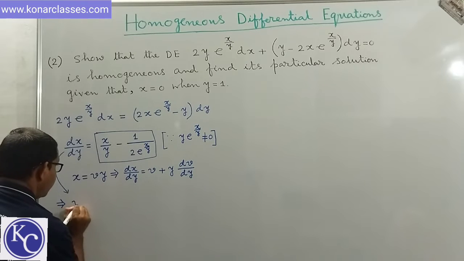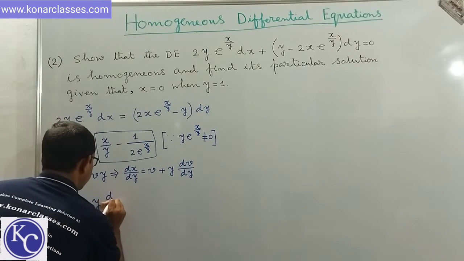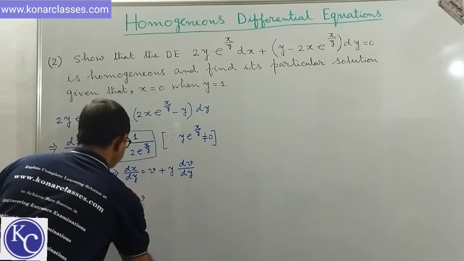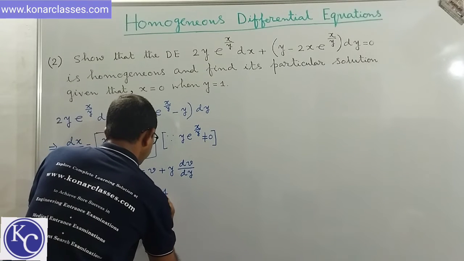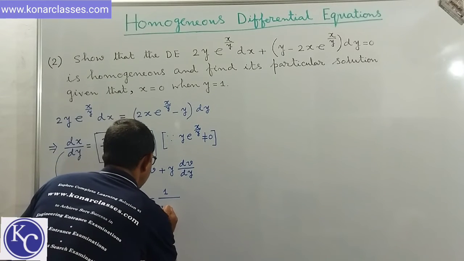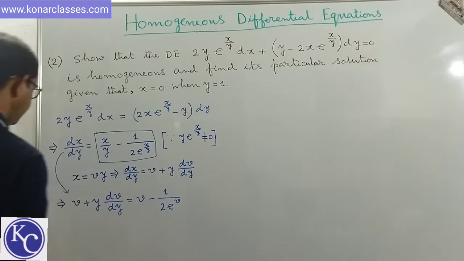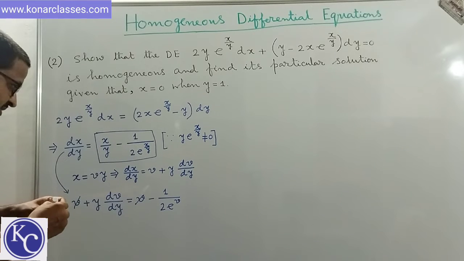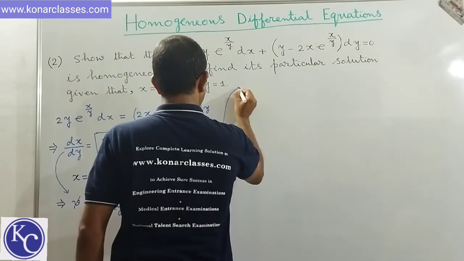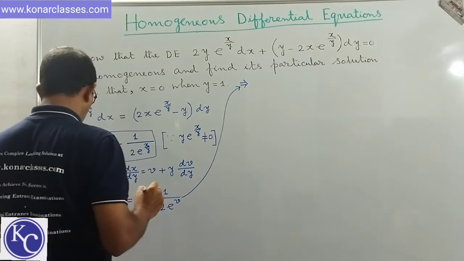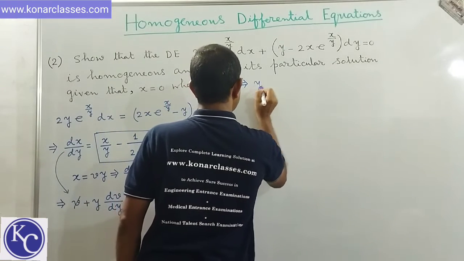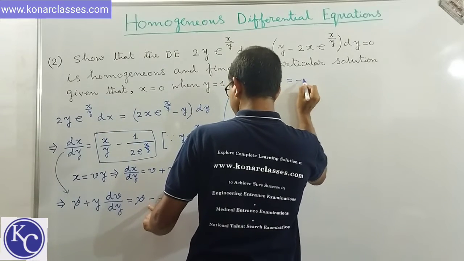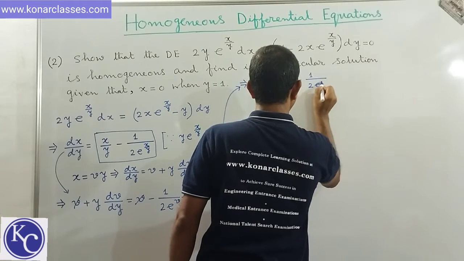Then we get v plus y into dv/dy is equal to x by y, that is v, minus 1 by 2 into e^(x/y), that means 2 into e^v. And we see that v and v got cancelled, so we end up with y dv/dy is equal to minus 1 by 2 into e to the power v.